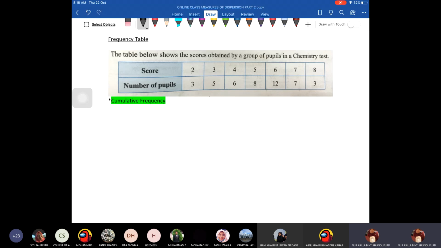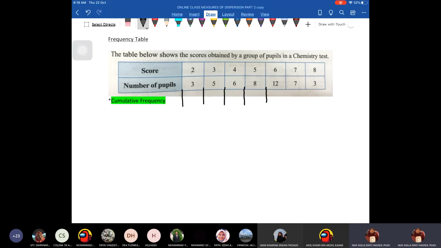This is what I've highlighted here. This is what we call cumulative frequency. You have to add cumulative frequency below your table. Just scribble it, because there are no marks for this. Even if you do it, there's no marks. So put it below. So cumulative frequency, this is how we do this.